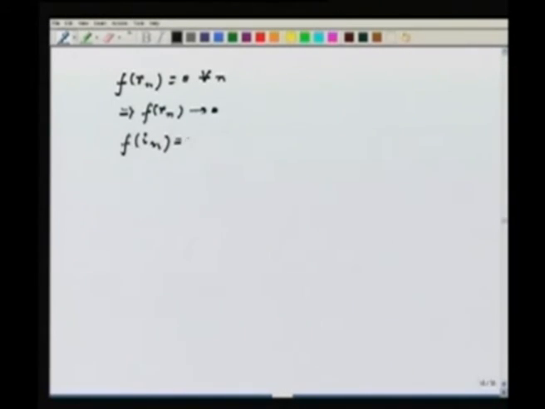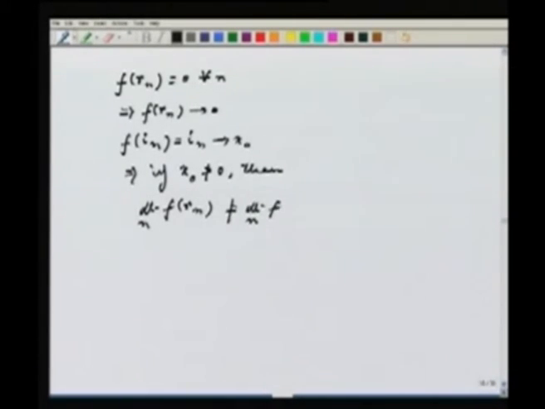By definition, this is In, which converges to x naught. This implies that if x naught is not equal to 0, the two limits are not equal. But this cannot happen if f is continuous.